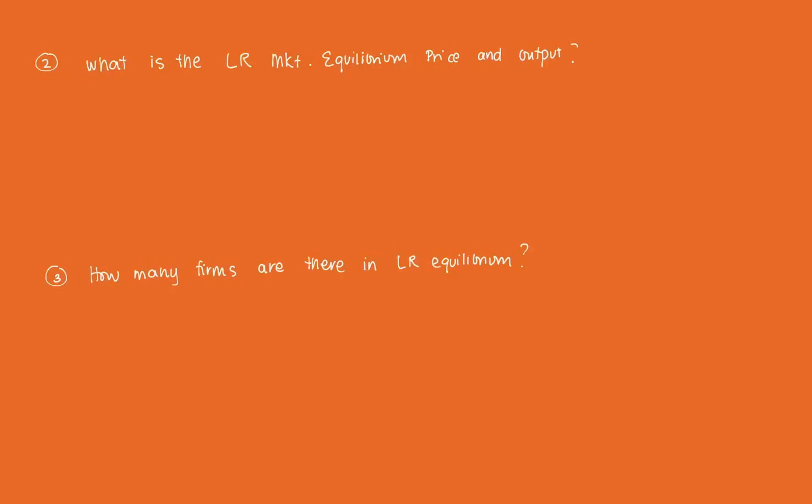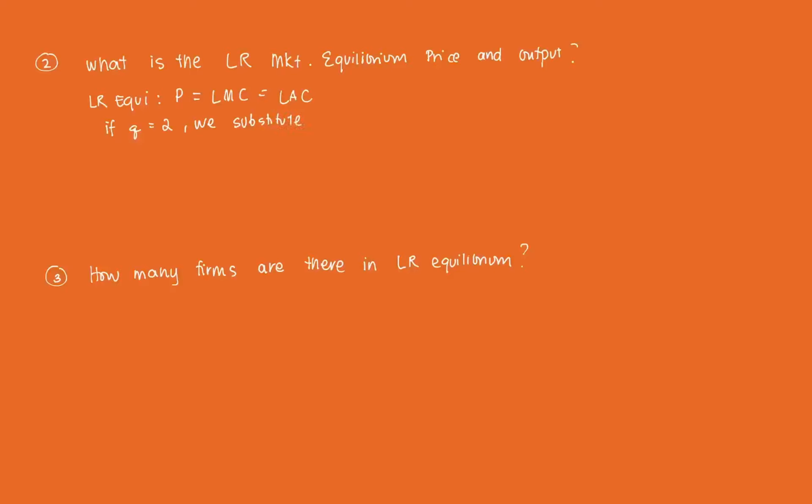What is the long run market equilibrium price and output? Since we said that long run equilibrium requires that P is equal to LMC is equal to LAC, if we substitute Q equal to 2, we can substitute that to either your LMC or your LAC equation.